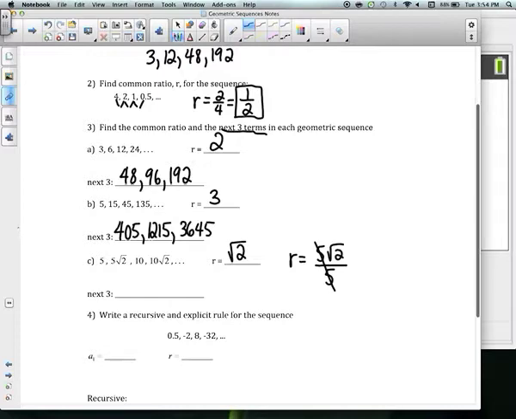So if I multiply 10 root 2 times root 2 for the next one, that's going to come out to 20. And you could use your calculator for this a little bit. The next time, if we do 20 times root 2, it's just going to be 20 root 2. And then again, if we take that and multiply by root 2, we're going to bump up to the next number, which will be 40.